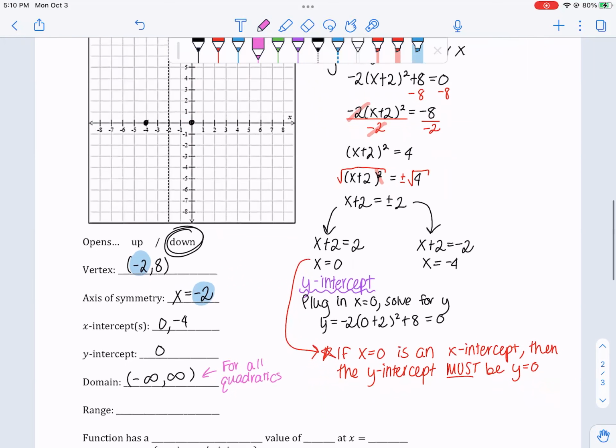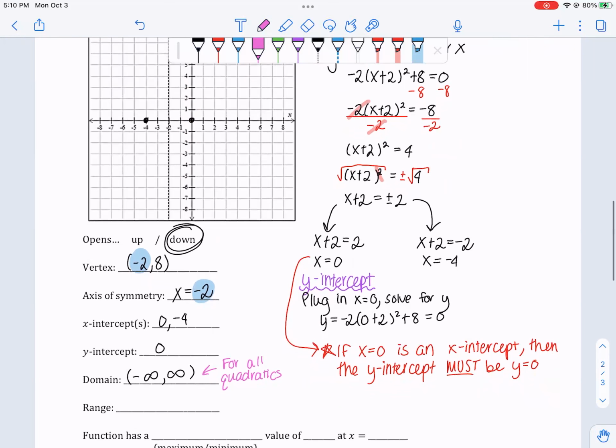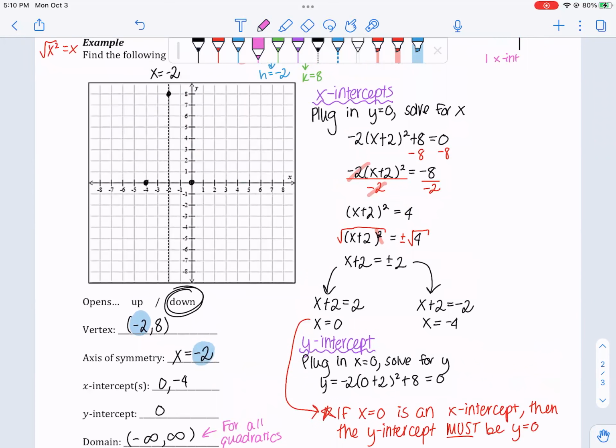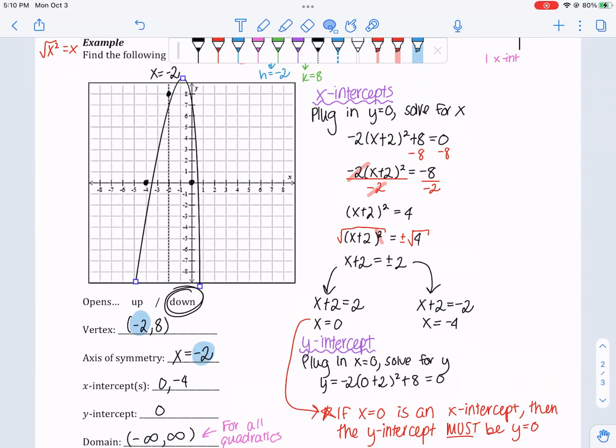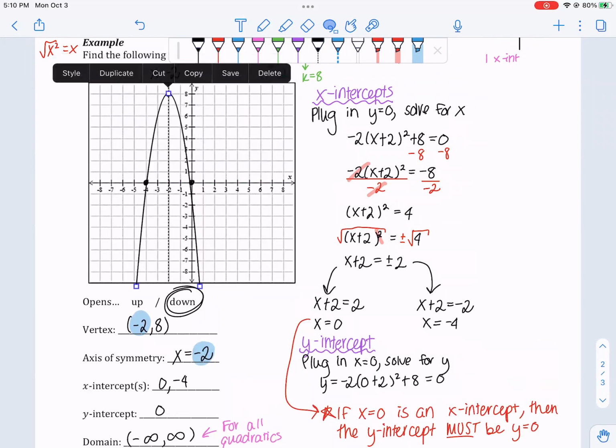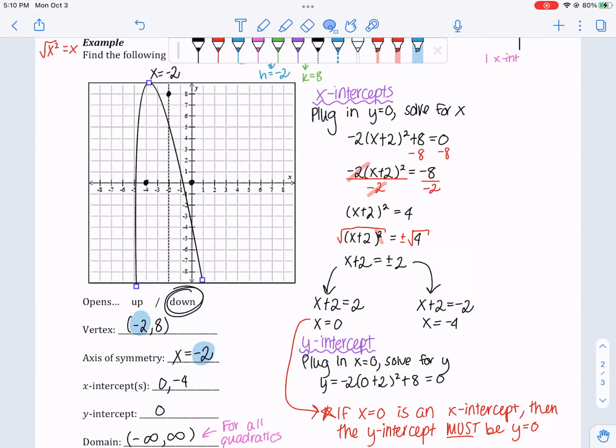The range is going to be referring to the y values. So this guy opens down, okay, let's try this. It opens like this.